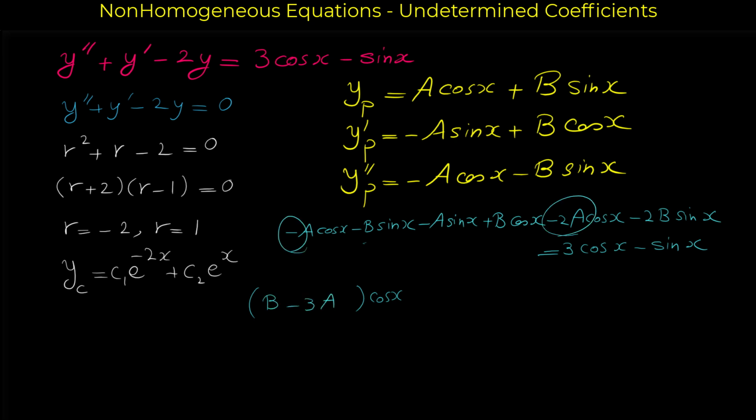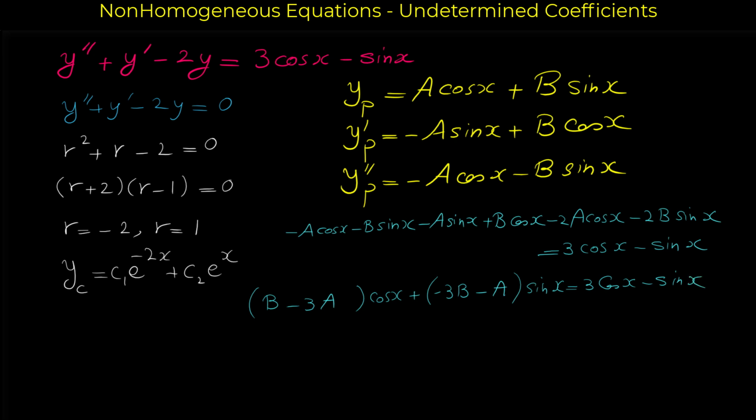Negative a minus 2a is minus 3a. And what's the coefficient of sine x? The coefficient of sine x is negative b, negative a, and negative 2b. Negative 2b minus b is negative 3b, minus a. So negative 3b minus a is the coefficient of sine x, and this should be equal to 3 cosine x minus sine x.